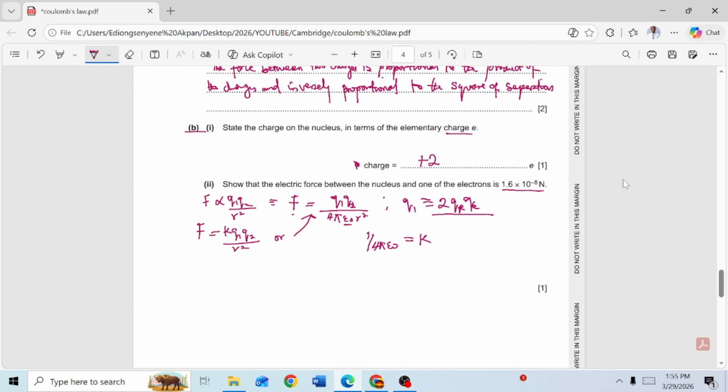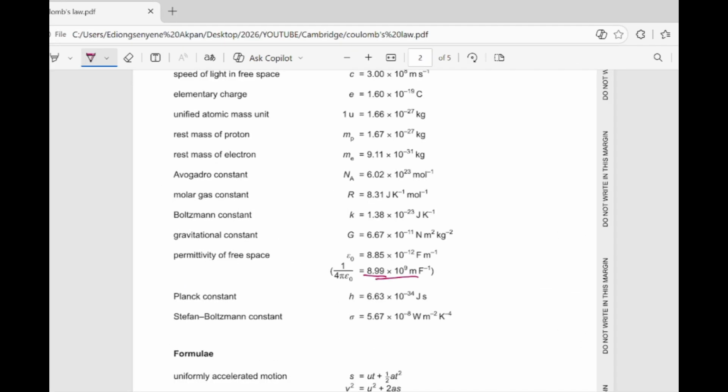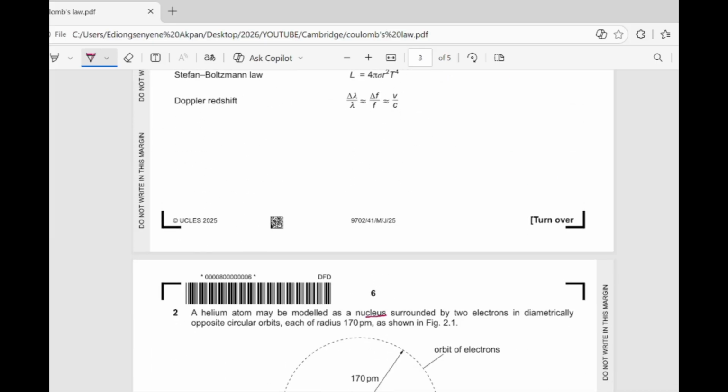For the rest of this solving, let's use this one as we put these values together. So you have k times 2 of the charge of proton, charge of electron, divided by the distance r squared. Now k, which is 1 over 4 pi epsilon naught, is 8.99 times 10 to the power of 9. That is what we will use.